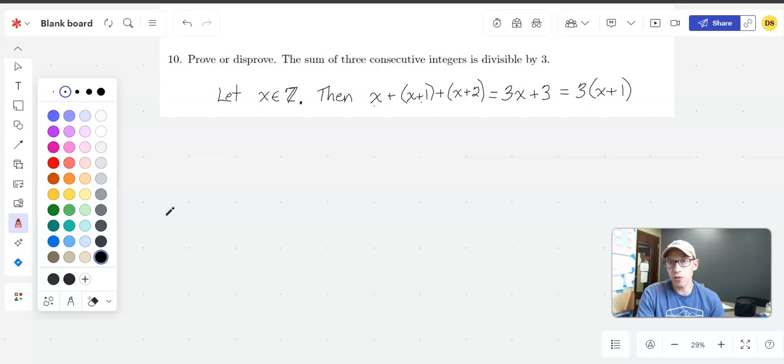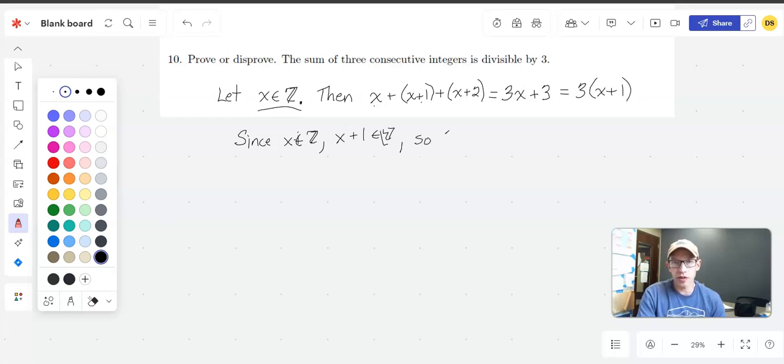So divisible by 3 means we have 3 times some integer. Since x is an integer, which we assumed at the very beginning, then x plus 1 is an integer.